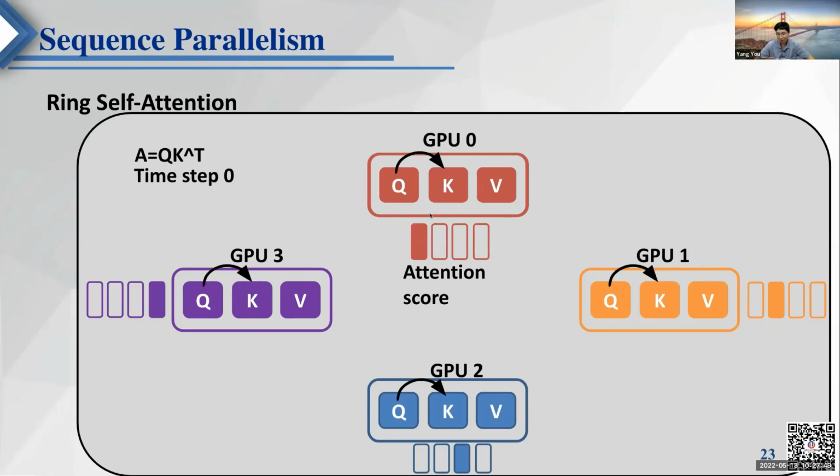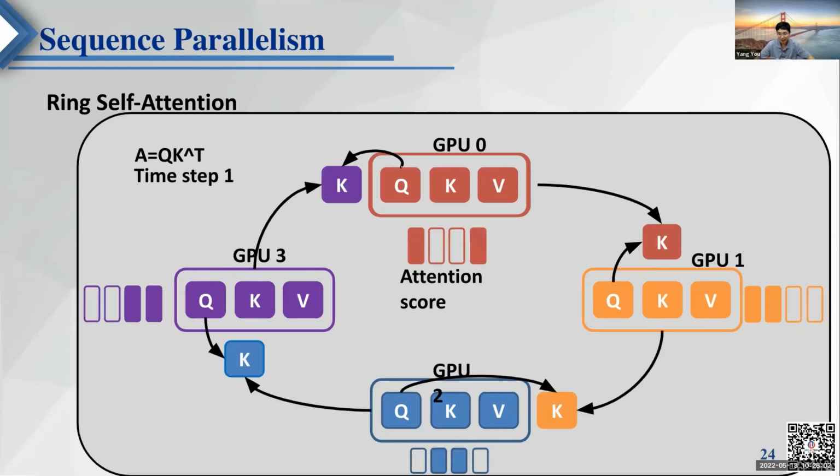For the next step, how can we get a new key? Because eventually we will need all the other keys from all the other devices. So for the next step, we give our key to our right-hand side neighbor, and we get the new key from our left-hand side neighbor. And then we compute the second attention score.